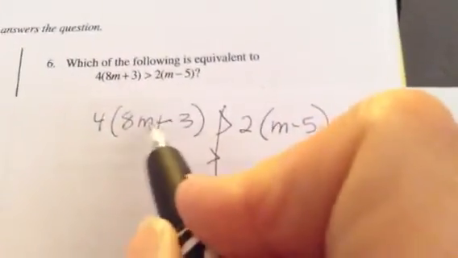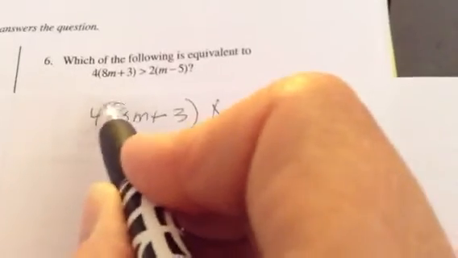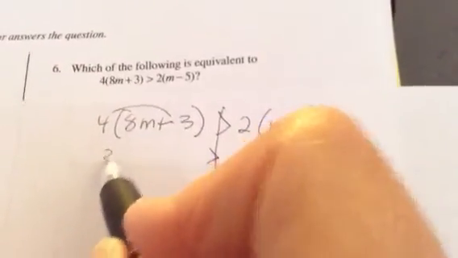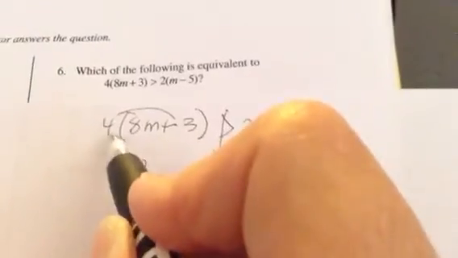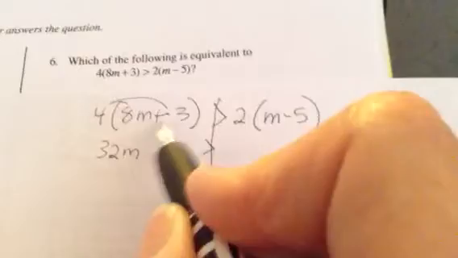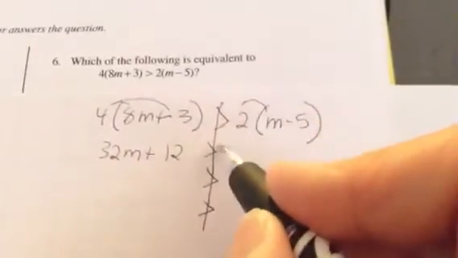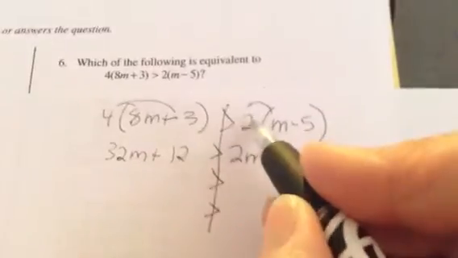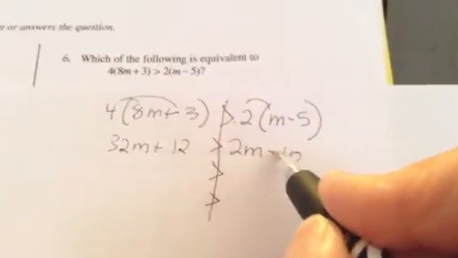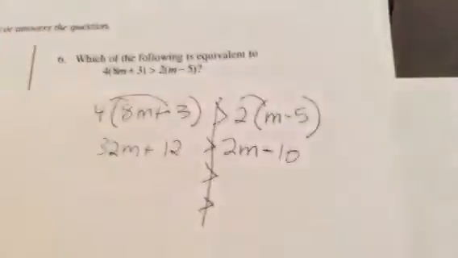I'm going to do the distributive property to make my parentheses disappear. 4 times 8m is 32m, and 4 times 3 is 12, and it's a positive times a positive, so it's positive 12. Over here, 2 times m is 2m, 2 times 5 is 10, and a positive times a negative is a negative. I think we're done, because we can't combine m's and constants.